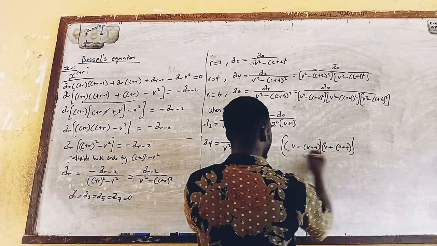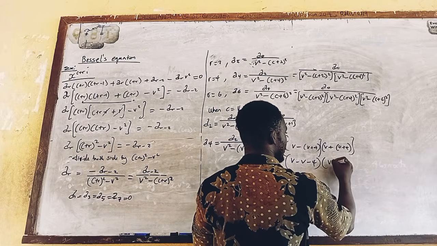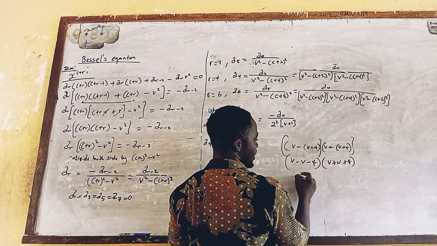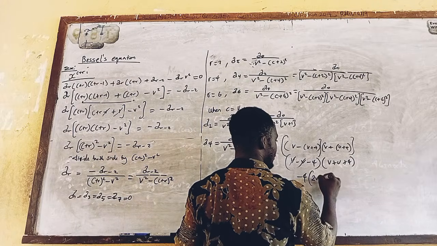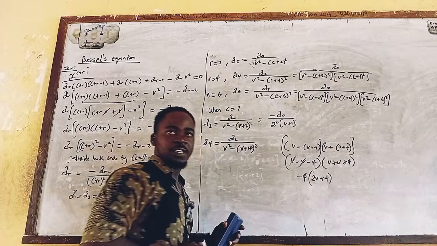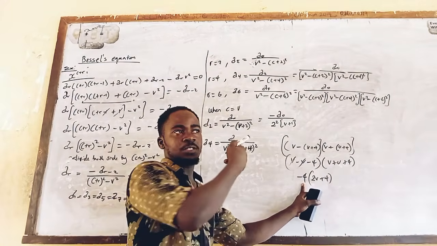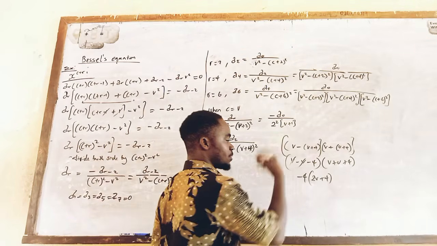So which is going to be v minus v minus 4, v plus v plus 4. This v cancels this v. We have minus 4 outside. Then we have 2v plus 4. 2 is common. When you take out the 2, multiplied by 4, that's 8. We can write it as 2 raised to power 3.